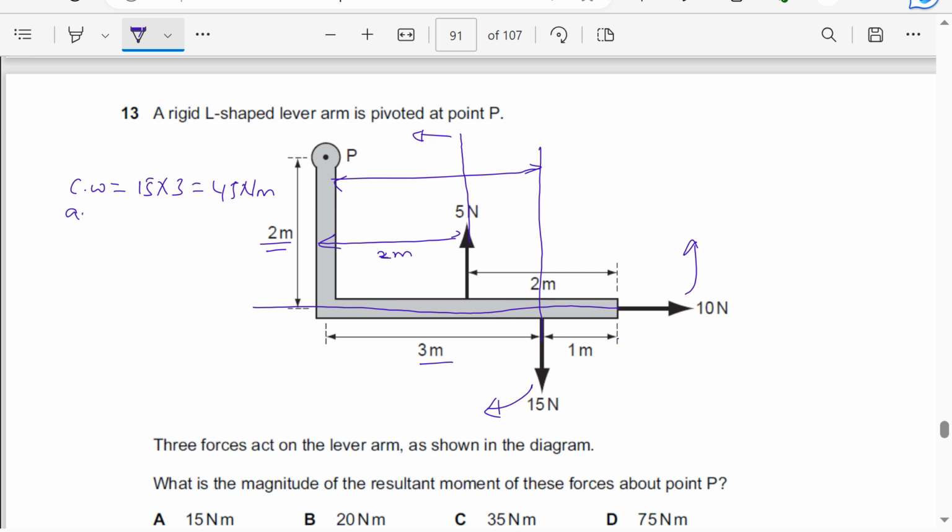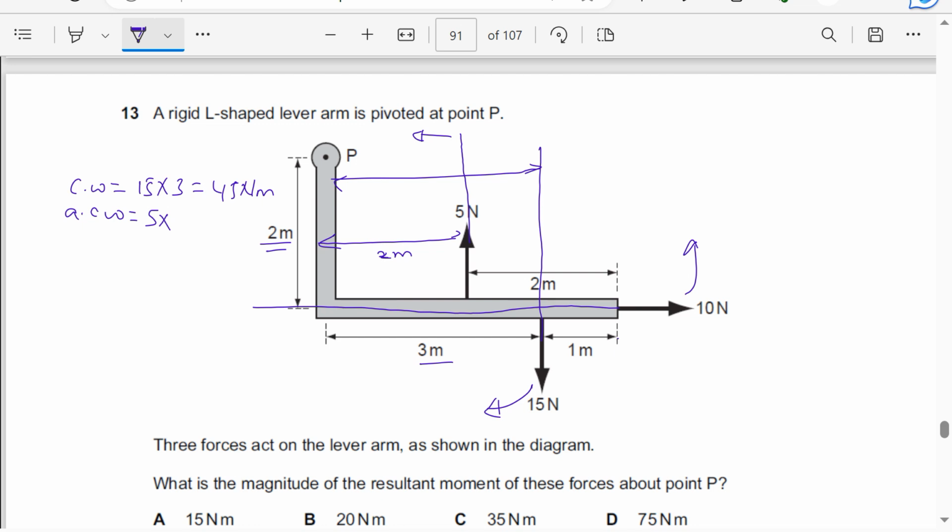Then the anticlockwise moments. We have 5 newtons, and the perpendicular distance is, is it 1 or 2? Let me check again. 3 plus 1, that is 4 minus 2, so that is 2.